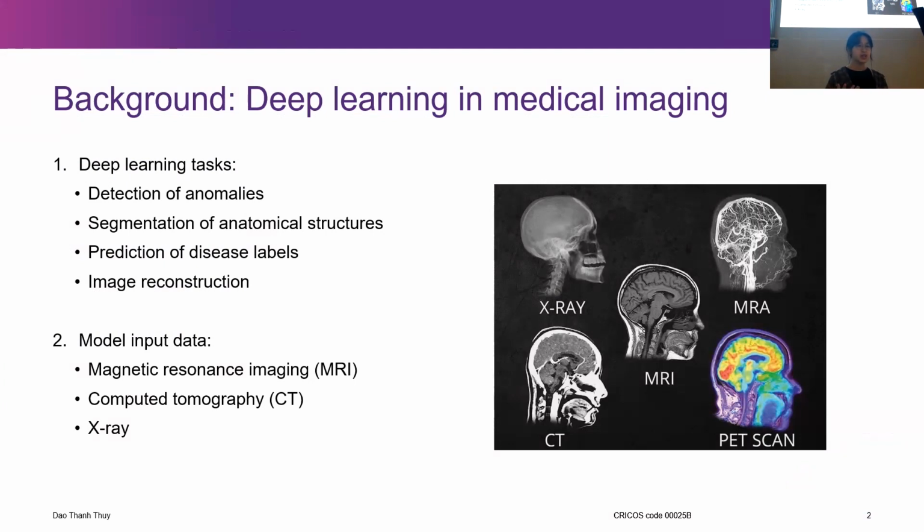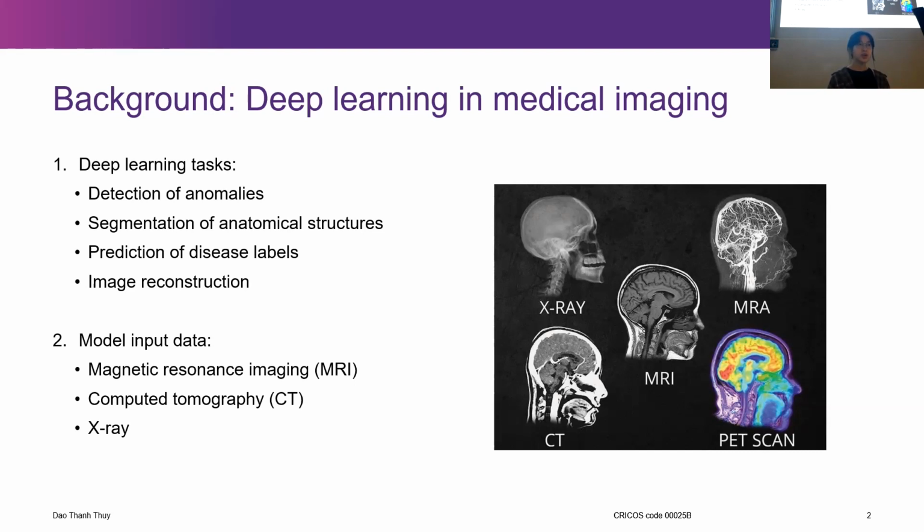It's here to help medical experts to do a lot of diagnosis tasks like detection, segmentation, prediction, and image reconstruction. Deep learning is helping to increase the quality and also reduce the cost in the healthcare system.